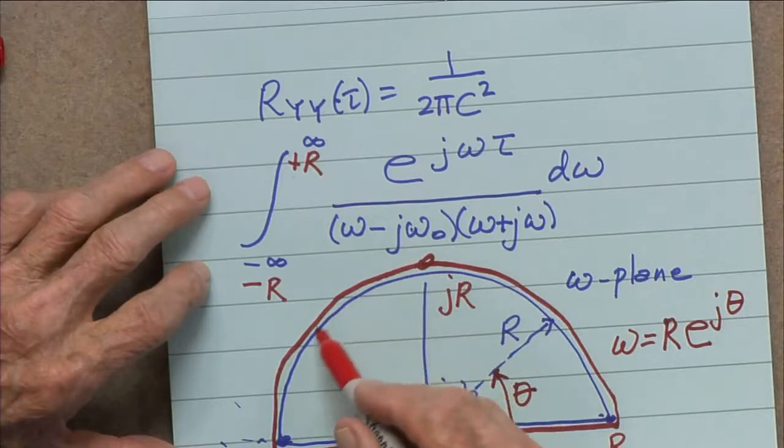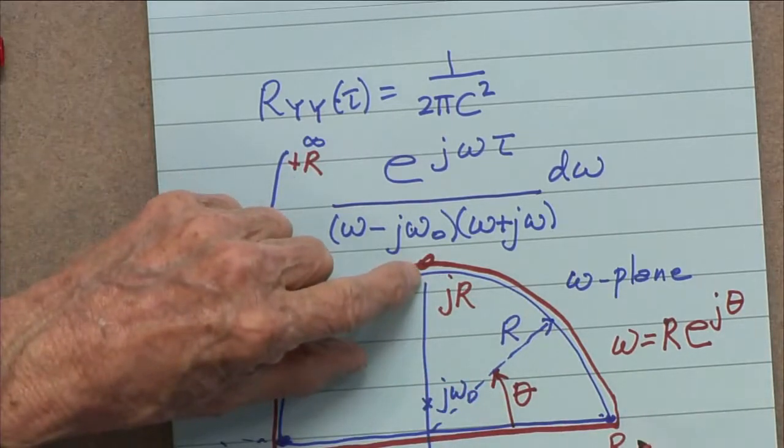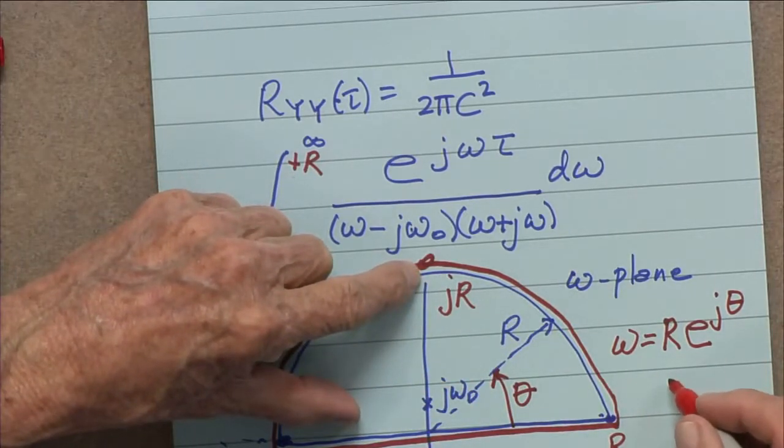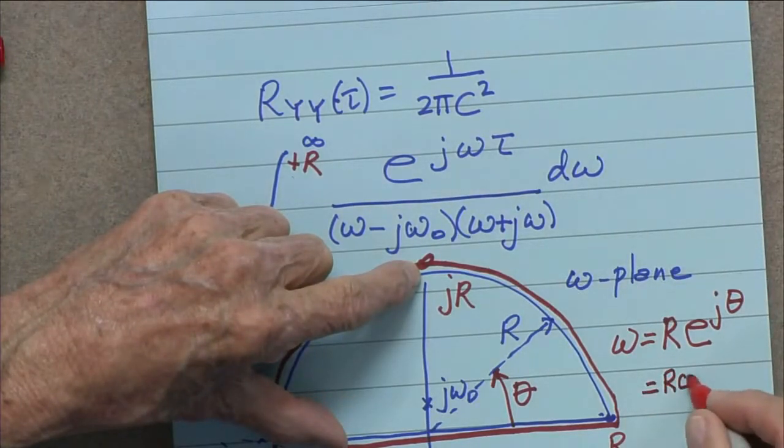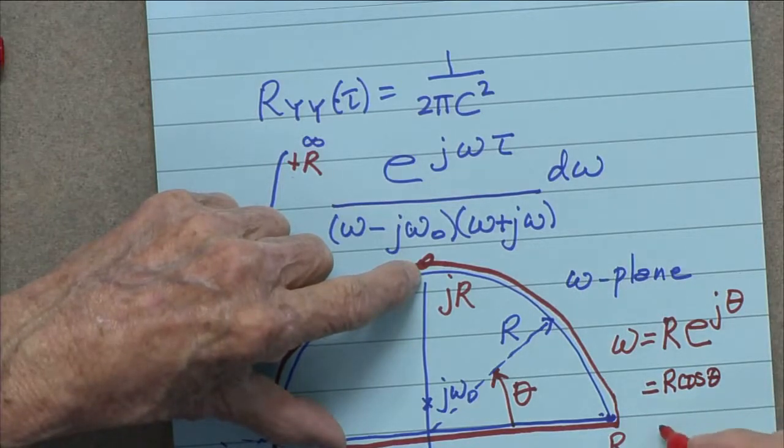It looks like omega is r cosine of theta plus r j sine of theta.